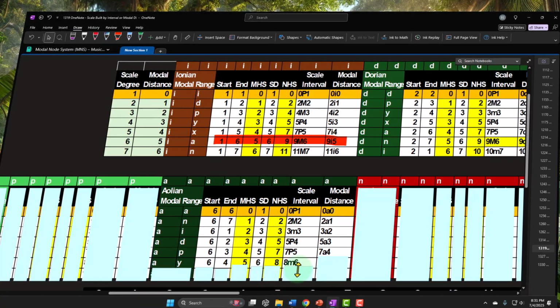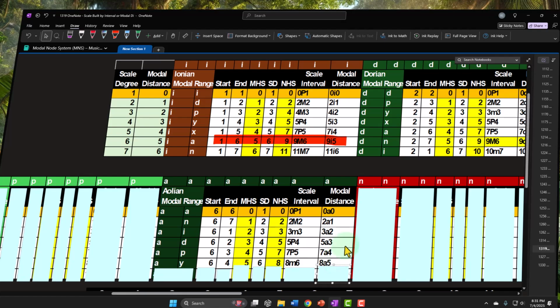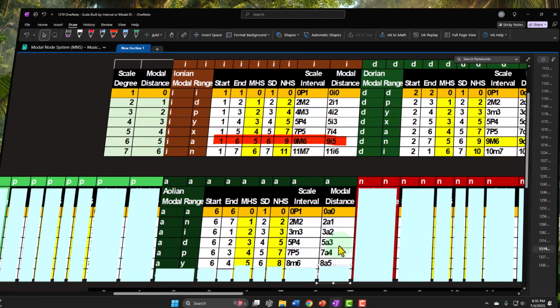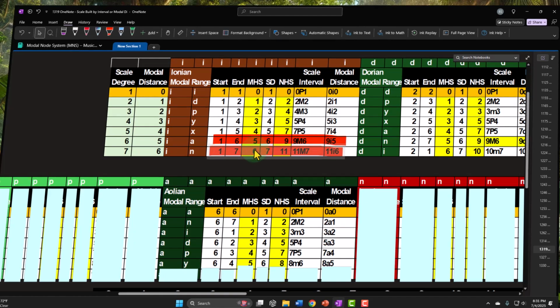So that means we're going to have to call it an 8-note away minor 6. The big M and the small m aren't giving any information. If you provide the note distance, it's just an 8-note away 6th. But I'd rather call it an 8-note away from the Aeolian node 5th modal half step, which would be the 6th scale degree.